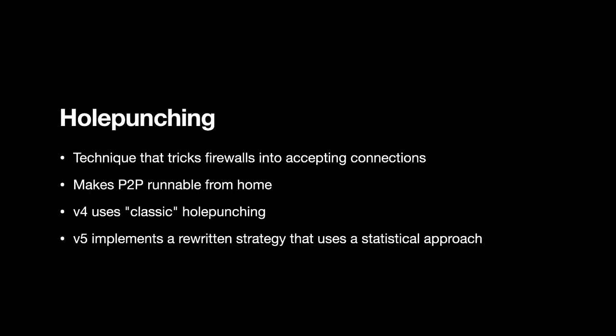But in v5, we're moving to a completely rewritten strategy with a ton of novelty in it that uses what's called a statistical approach, where it collects a bunch of stats internally, just on your computer, to figure out the optimal strategy for hole punching all kinds of different networks. And it turns out that's insanely powerful and gives us really, really good network penetration. So hooray for that.